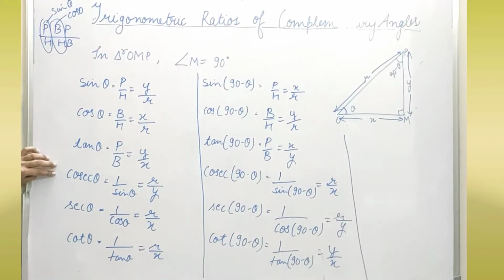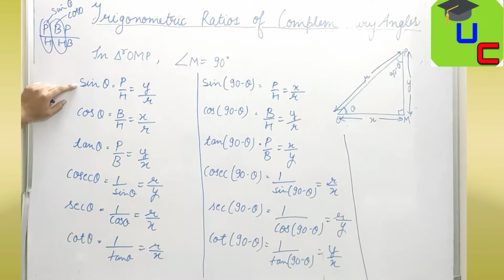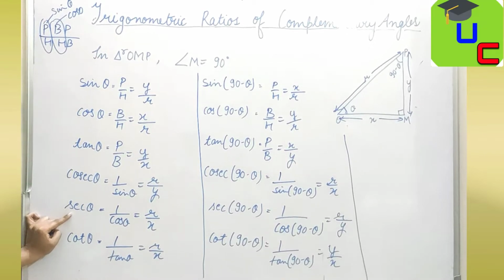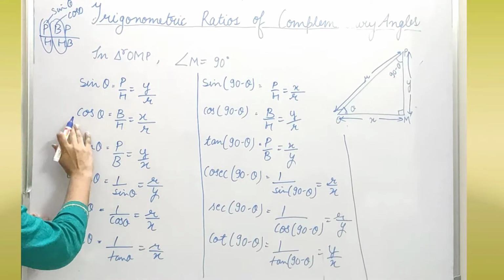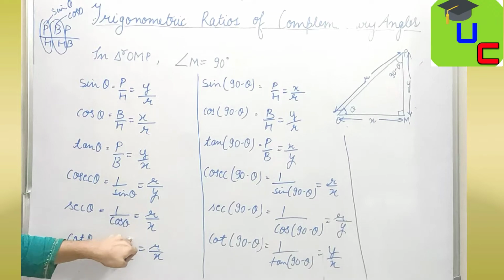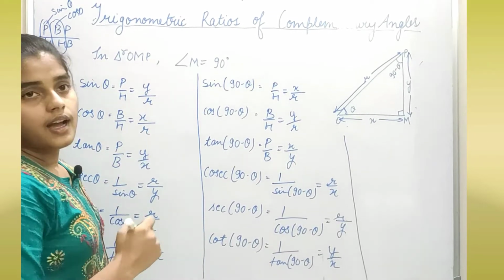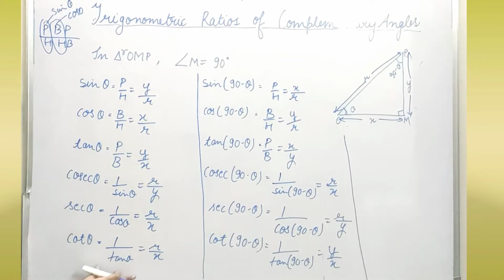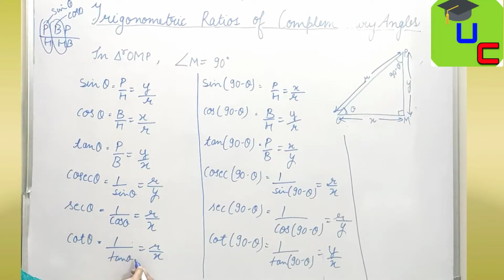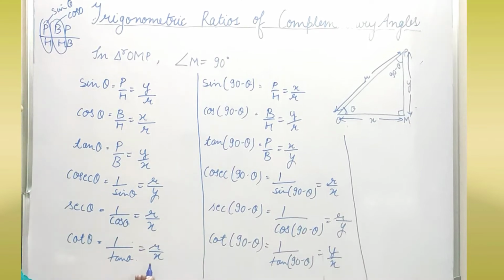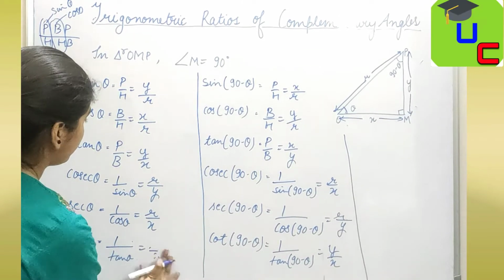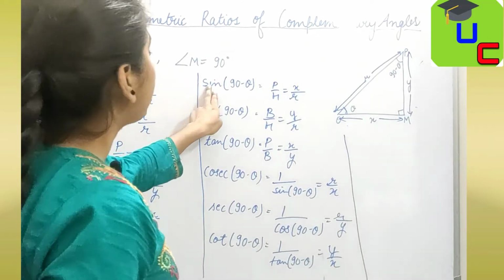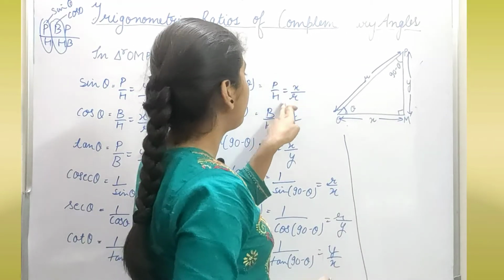Cosec theta is just the reciprocal of sine theta, which is r upon y, and sec theta is the reciprocal of cos theta, which is 1 upon cos theta, and you can write it as r upon x. Same way, cot theta is the reciprocal of tan theta, 1 upon tan theta, or x upon y.